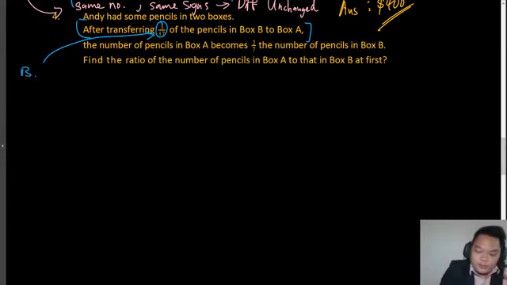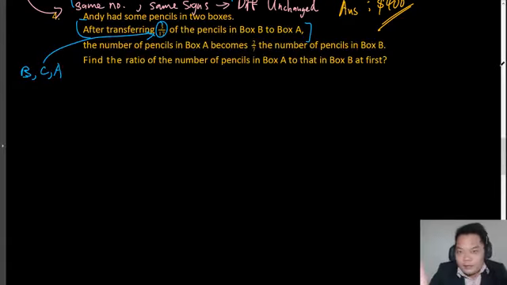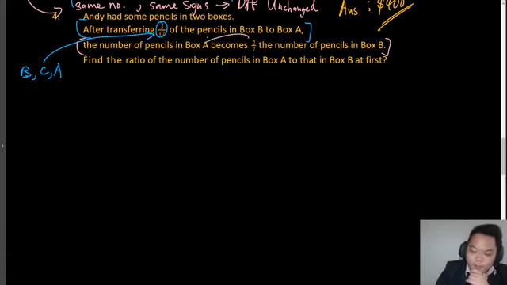It contains information about before, about the change, and the after, albeit in a very indirect manner. A lot of it has to be inferred, but we can definitely do that. Then later on, the number of pencils in box A becomes 2/7 the number of pencils in box B. So this is definitely for your after result.